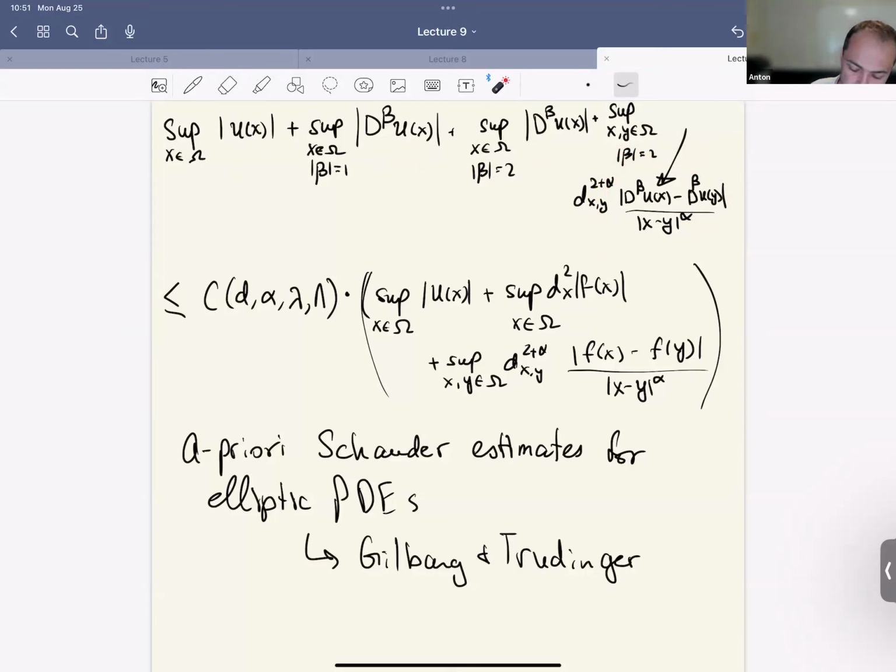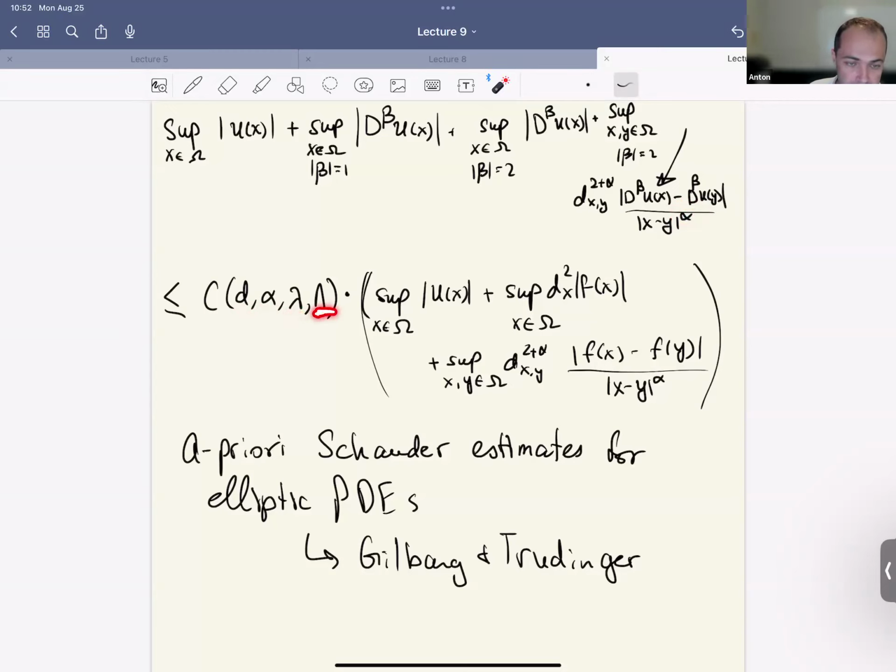All these first three derivatives are bounded by a constant which depends on the dimension, and there's no way around that. It depends on the Holder coefficient. It depends on little lambda, the smallest eigenvalue of the diffusion coefficient matrix.